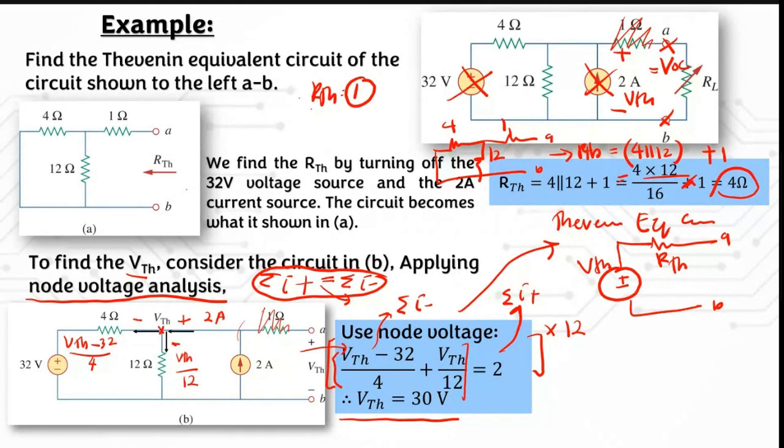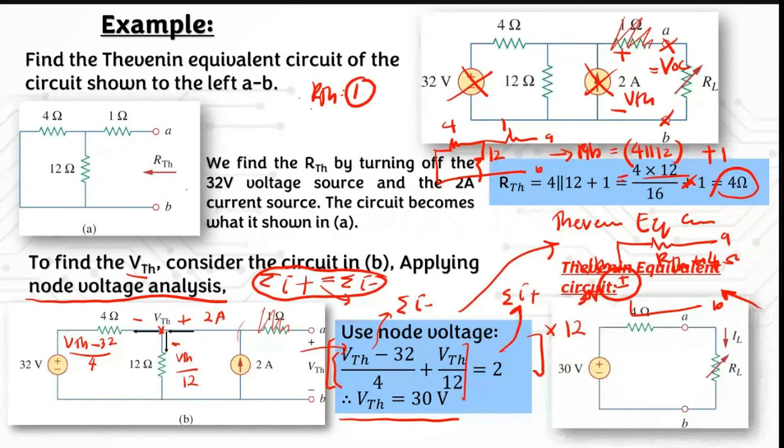We just put the VTH here, which is 30 volts, and your RTH here is 4 ohm. So this is your Thevenin equivalent circuit.